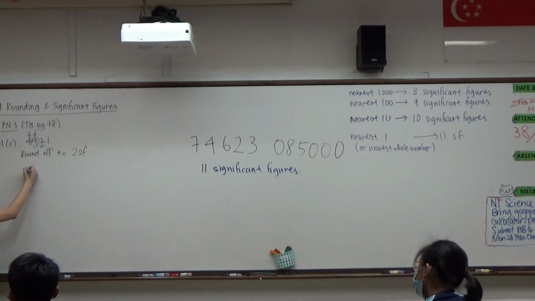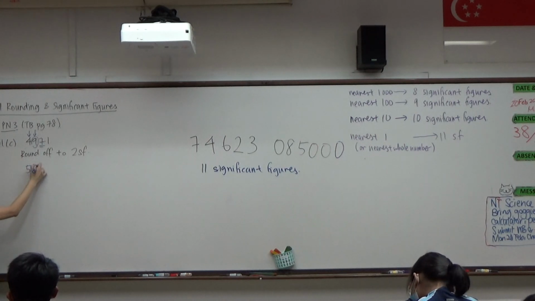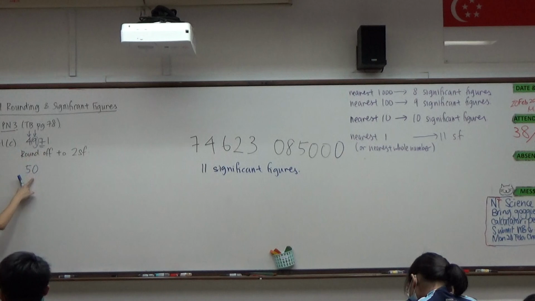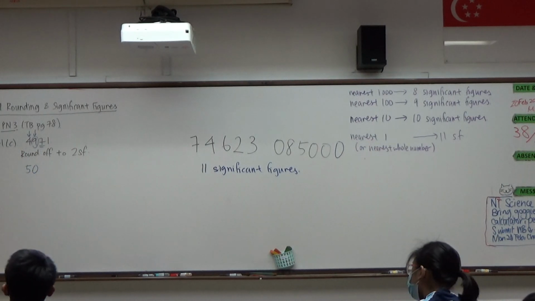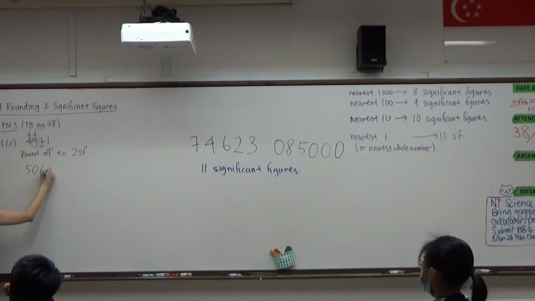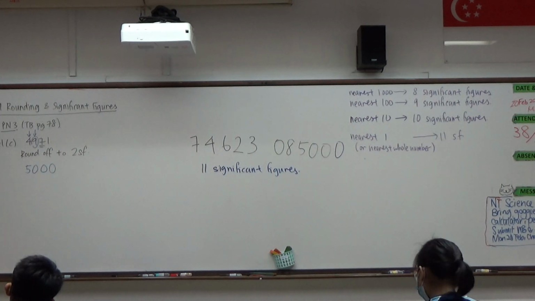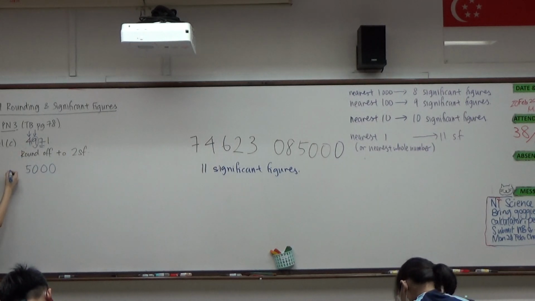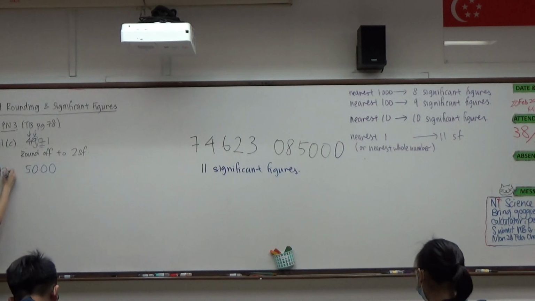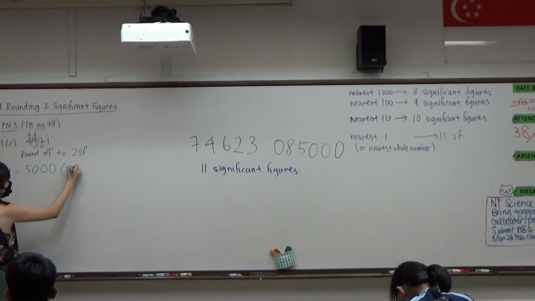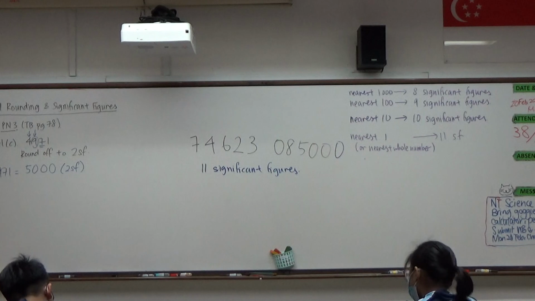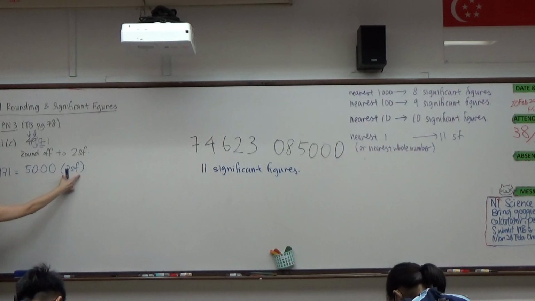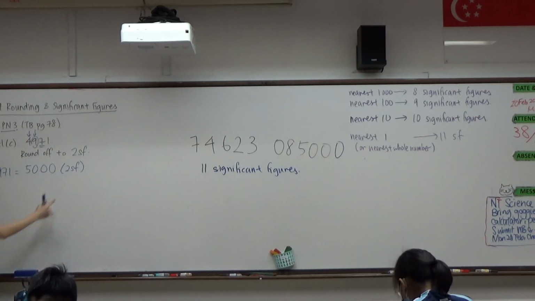So our answer will have to become 5 over here, 0. But then we must actually have additional zeros to hold the place for this number. So we need to add in another 2 more zeros. So when rounded off to 2 significant figures, it will actually be 5,000. So 4971 equals 5,000 after rounding off to 2SF. You need to actually indicate what the rounding is, so you must put in brackets 2SF.